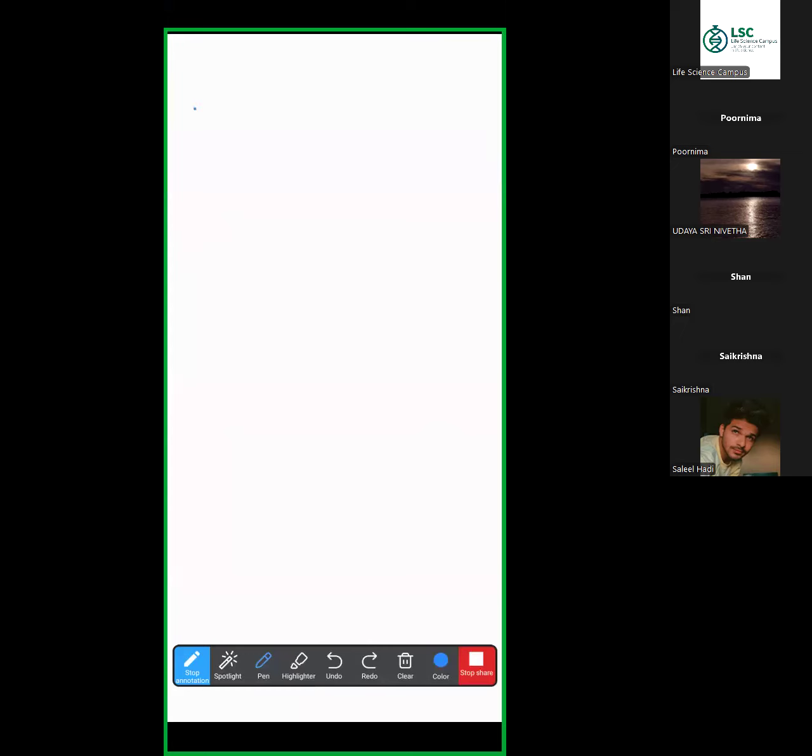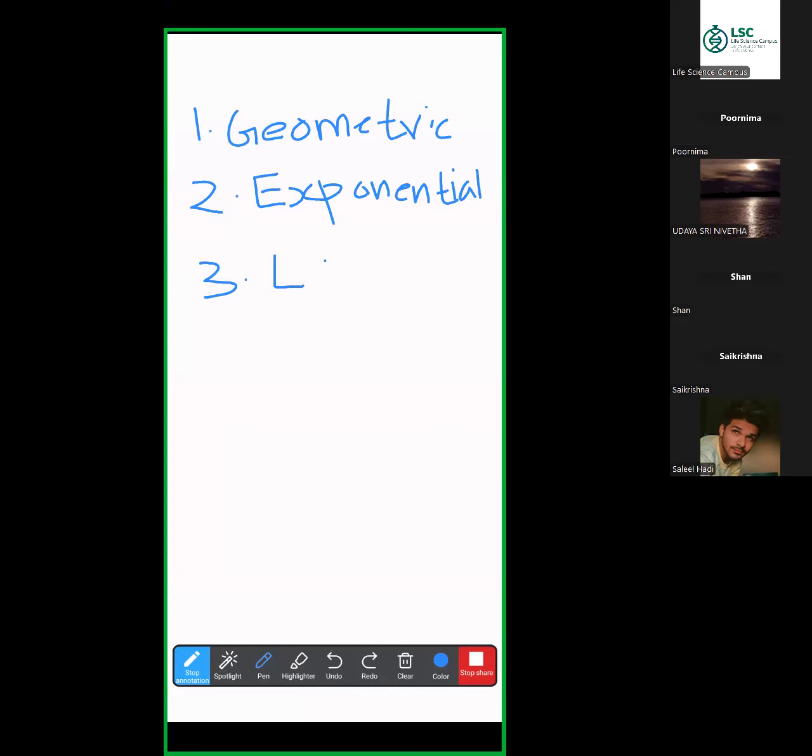First one is geometric. Second one is exponential. Third one is logistic. These are the three models of population growth: geometric, exponential, and logistic.